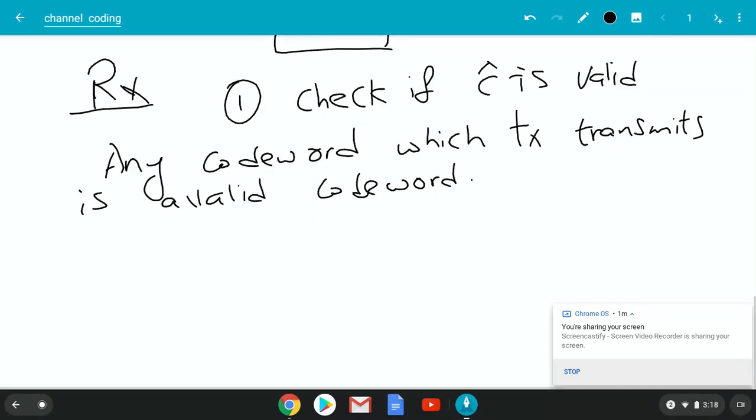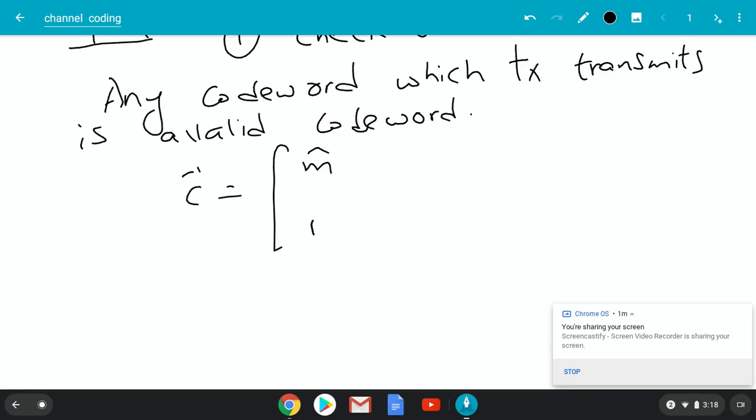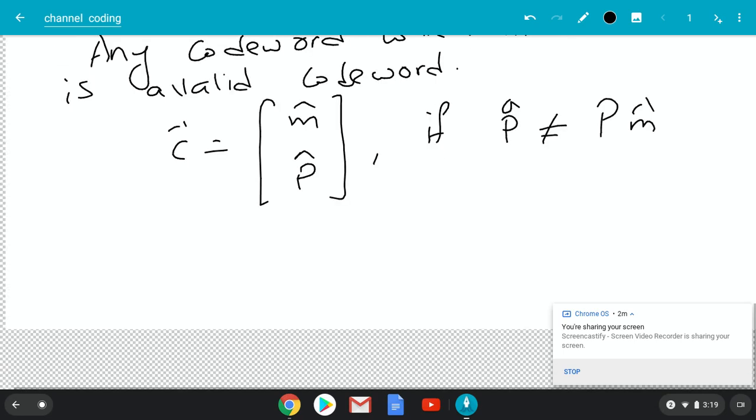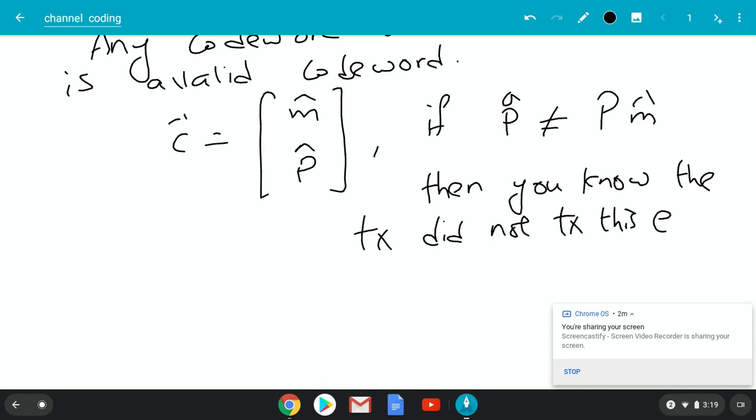So for example, if you receive something, let's say C hat is equal to M hat and P hat, right? So let's say if P hat is not equal to capital P times M hat, then you know the transmitter did not transmit this exact code word, right?